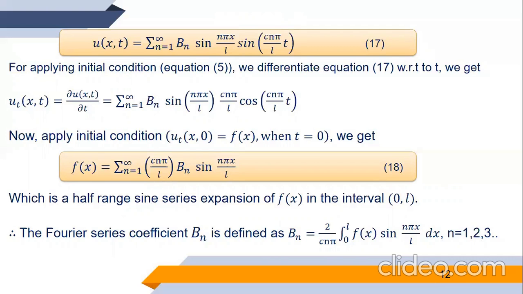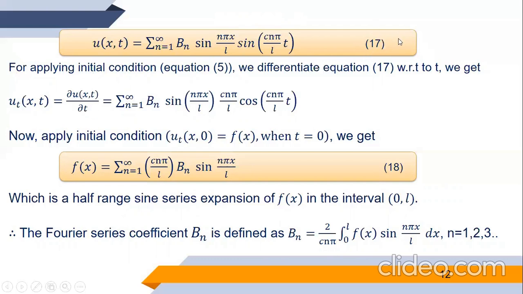Now the remaining one condition we apply in equation 17. That means the initial condition for velocity. So obviously we differentiate equation 17 with respect to t, because the velocity condition is based on the derivative of the displacement with respect to time.